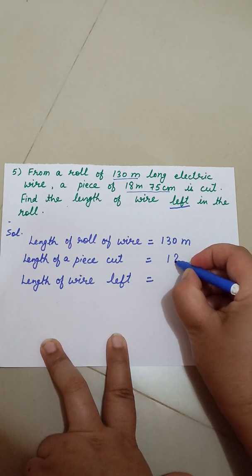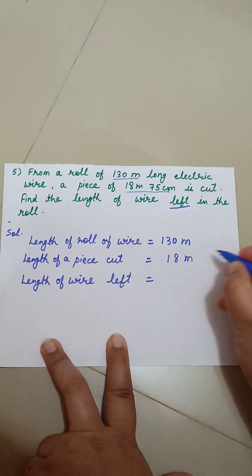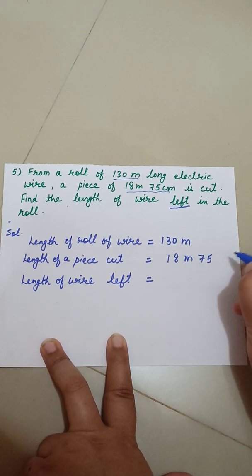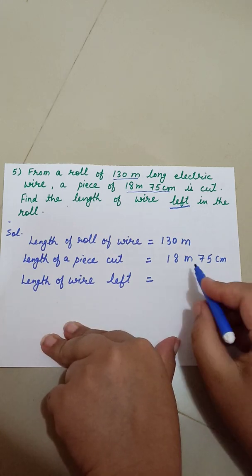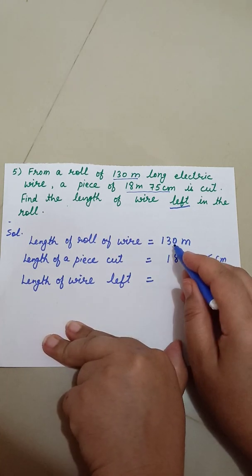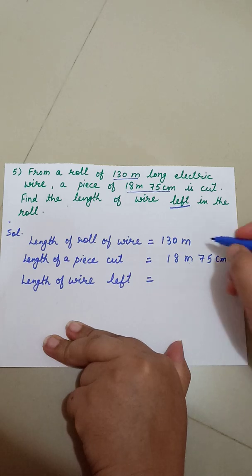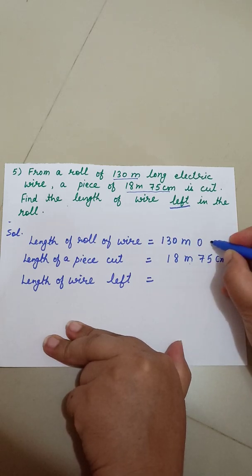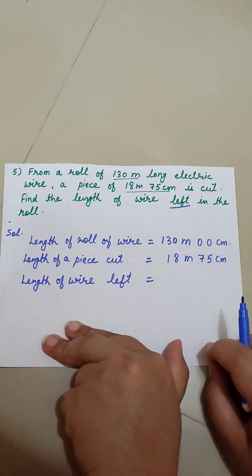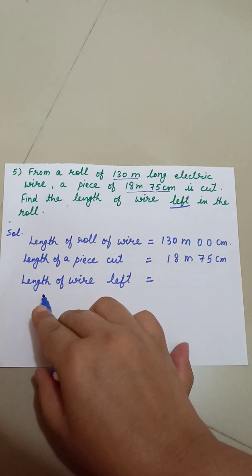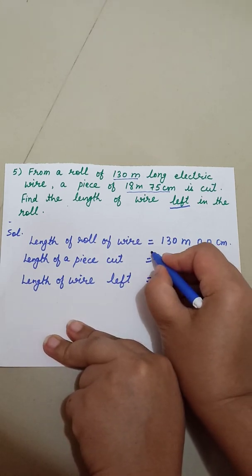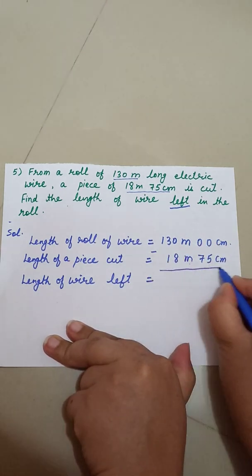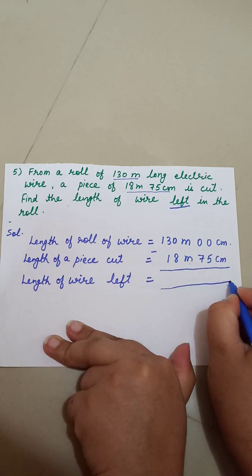That is 18 meter and 75 centimeter. You can see it is given in meter and centimeter, and there are no centimeters. That means there are 0 centimeters. Now you will write length of wire left. So you will subtract both of these numbers.